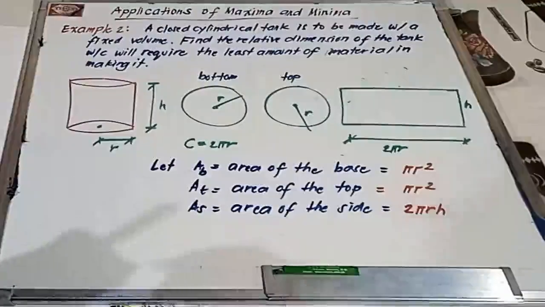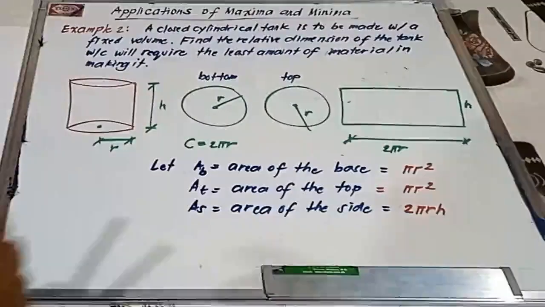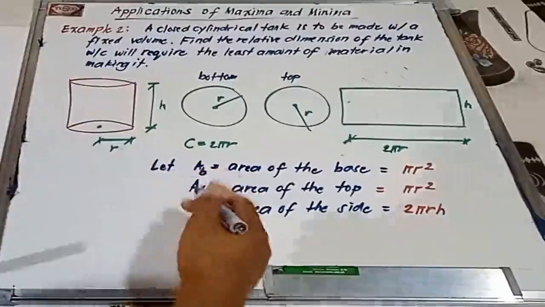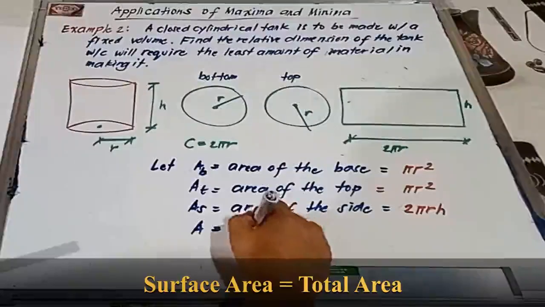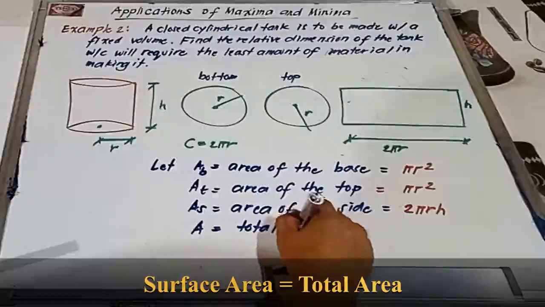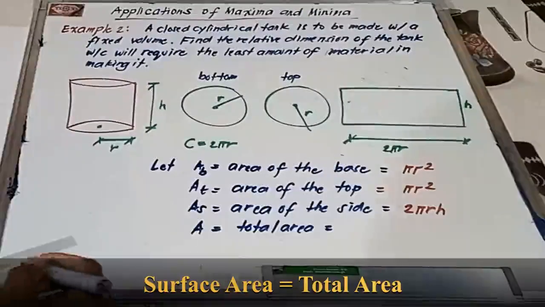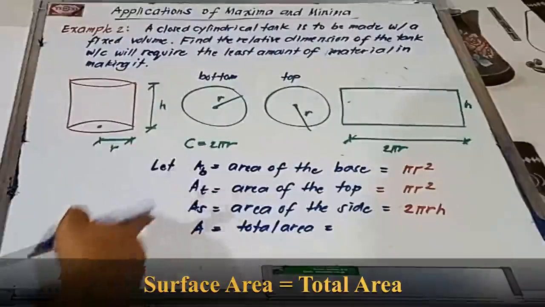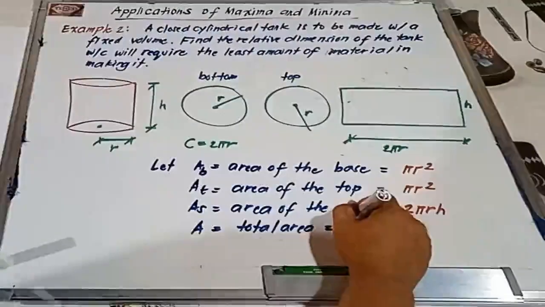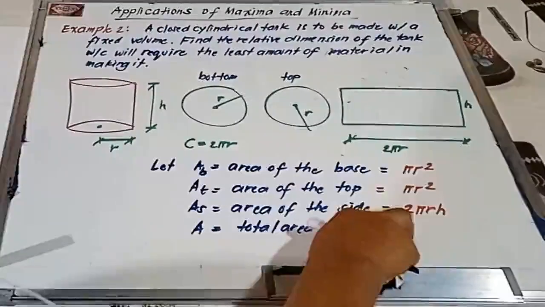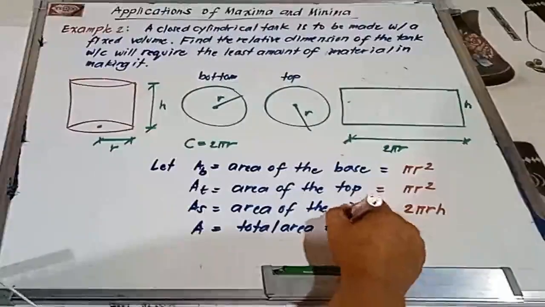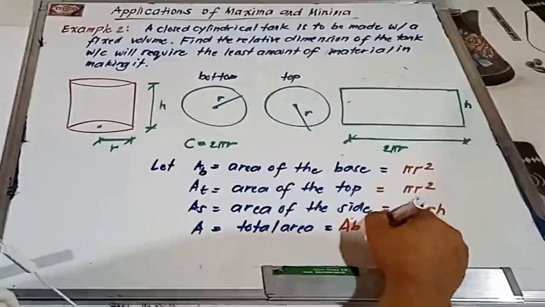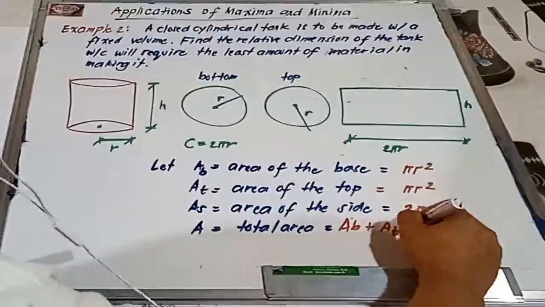Okay. So, let's say A is the total area. What is our total area? It is the sum of these areas: the area of the base, plus the area of the top, and the area of the side.